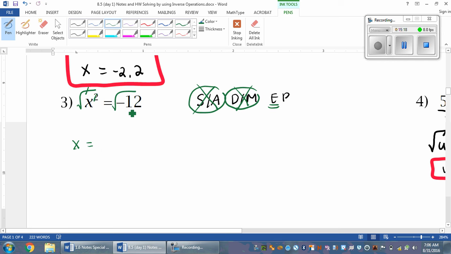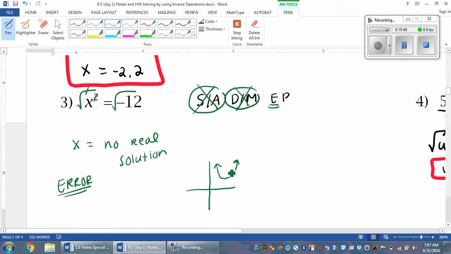Now, if you put the square root of negative 12 in your calculator, you get an error. That's because you can never take the square root of a negative number. So this would be a no real solution. This would be an example of a parabola, the U-shaped graph, that does not have any x-intercept.